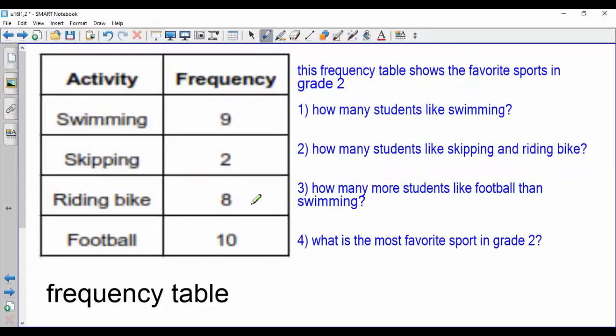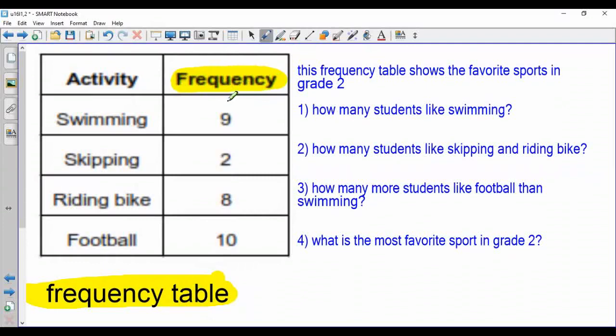For example, here I have a frequency table. This frequency table is basically like a table, and it has the data in one column and the frequency in the other column. The word frequency refers to the number of times something happened or appeared.